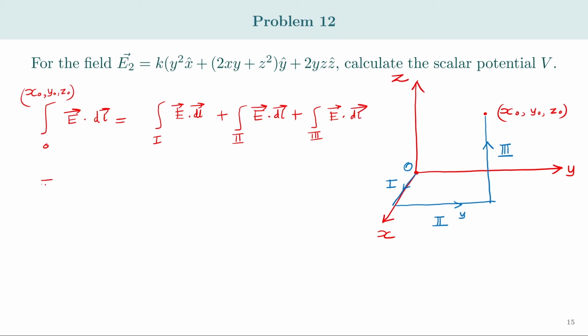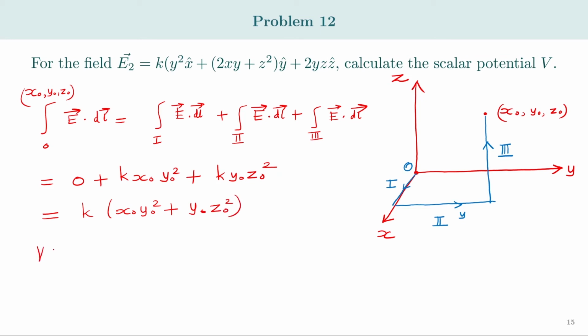And this is equal to 0 plus k x0 y0² plus k y0 z0², which is equal to k times (x0 y0² + y0 z0²).